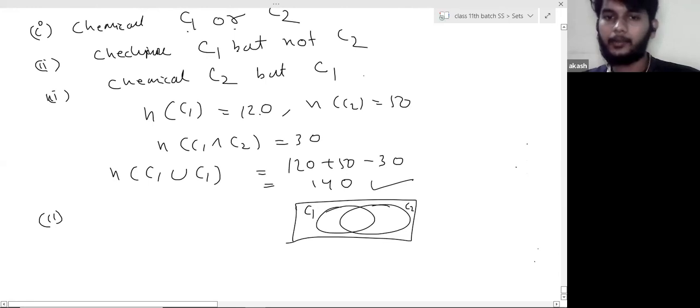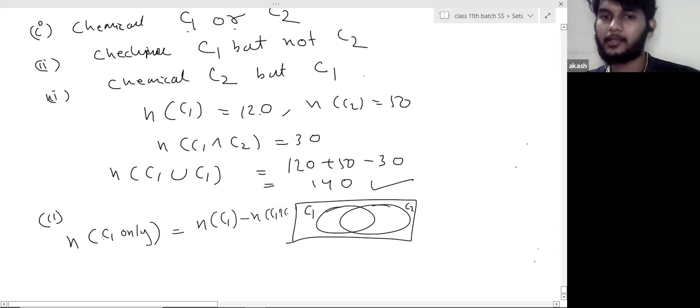We can say the number of C1 only is n of C1 minus n of C1 intersection C2. We take the total people infected by C1 and remove those also infected by C2, the common element. So this is 120 minus 30, this is 90, right?